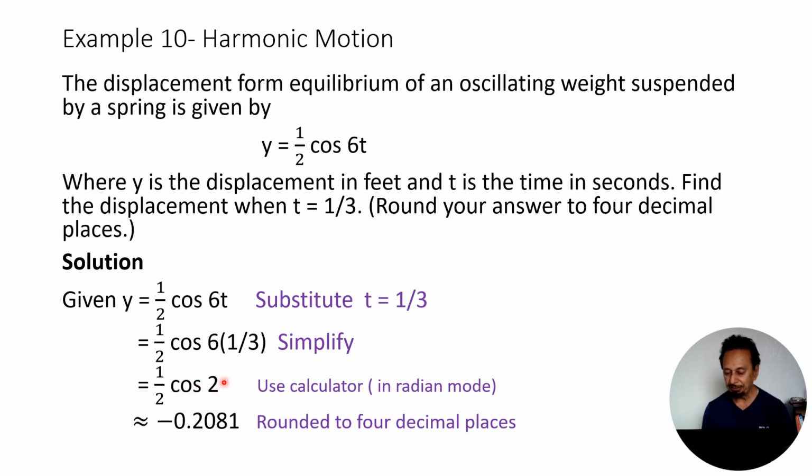Now this 2 is in radians, so you have to use a scientific calculator and make sure the calculator is in radian mode. We enter cosine and press 2, then press enter. You should get negative 0.2081, rounded to 4 decimal places.